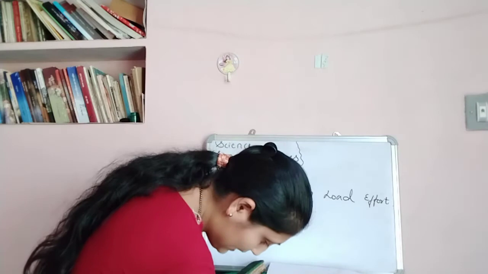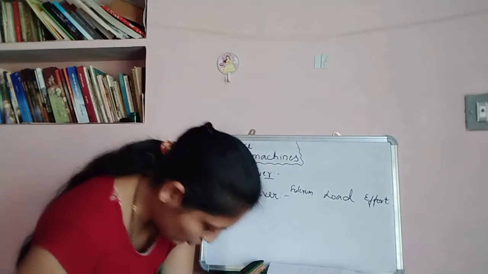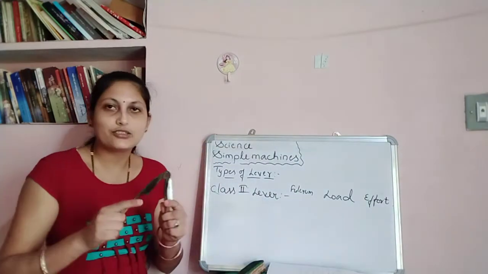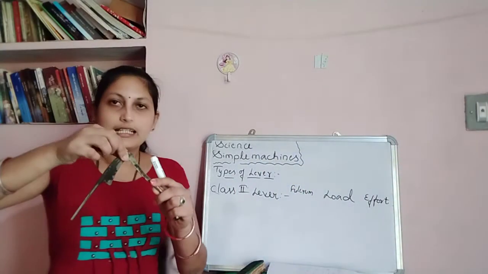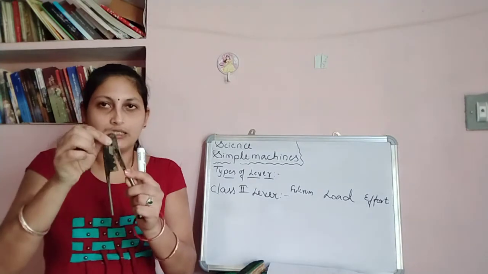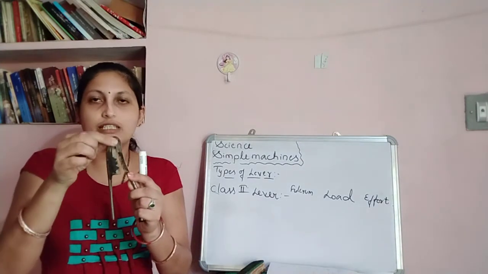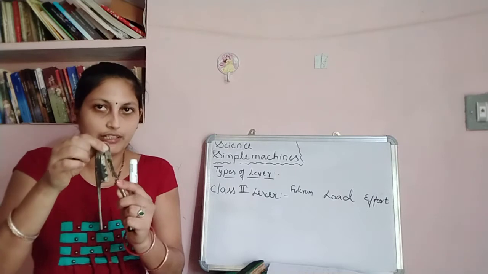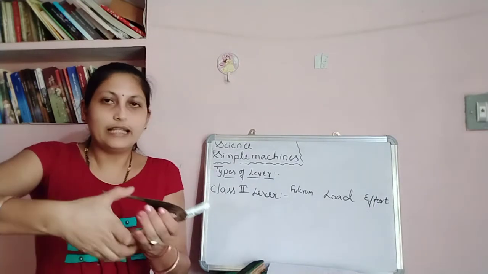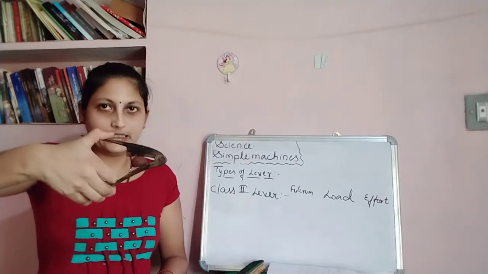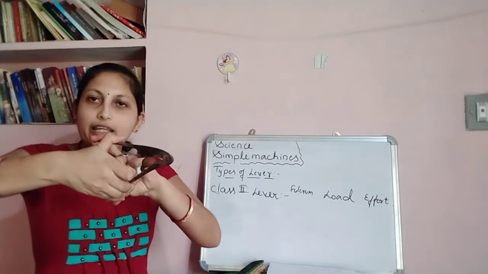So example, nutcracker. This is an example for class 2 lever. You can see that fulcrum is at the one end. This is the fulcrum point where two arms of the lever are attached, isn't it? So we'll place nut in the center, like this, and here we are going to apply force.